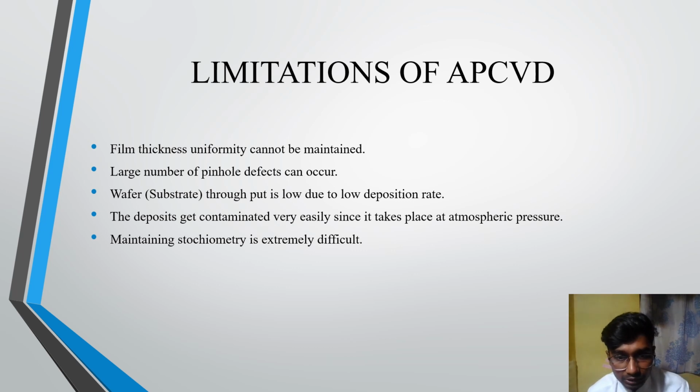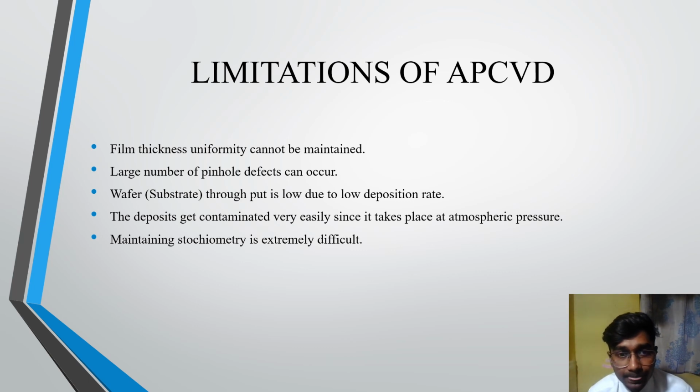Wafer throughput is low due to the lower deposition rate, and the deposition gets contaminated very easily since it takes place at atmospheric pressure. Maintaining the stoichiometry is extremely difficult.